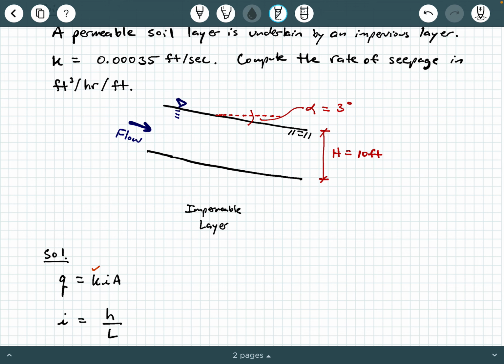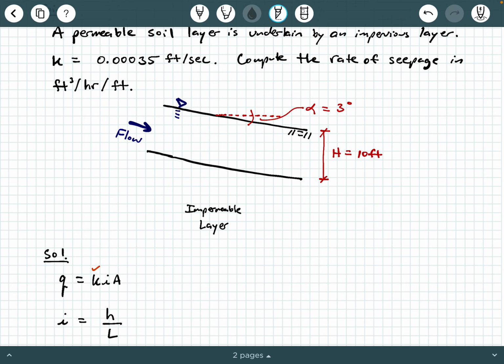And because we don't know the actual dimension of this soil layer that is out of plane, we're going to perform this calculation on a per foot basis. So again, this per foot is a unit length coming out of the screen or into the screen, okay? So we have to keep that in mind.